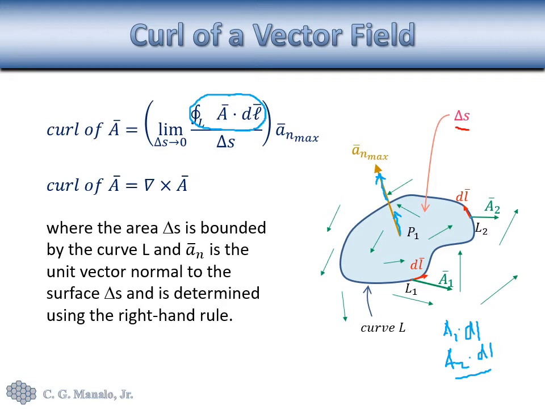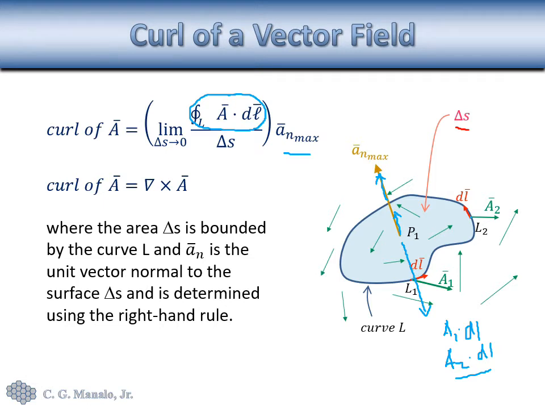But if the area tends to rotate in the clockwise direction, that direction of a sub n will be in the opposite direction as shown. Then we put together the limit that we got earlier and associate that with the unit vector a sub n max.